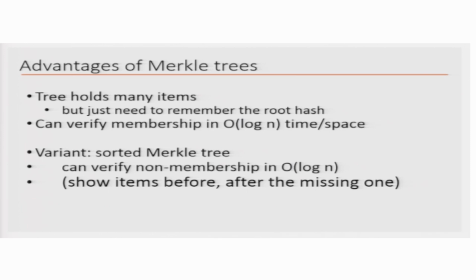In that case, verifying non-membership is also easy. In the plain tree, verifying non-membership is going to be expensive, whereas here it is also going to be log n, because the data is sorted. If you do not find it, you can also find what is before it and what is after it.